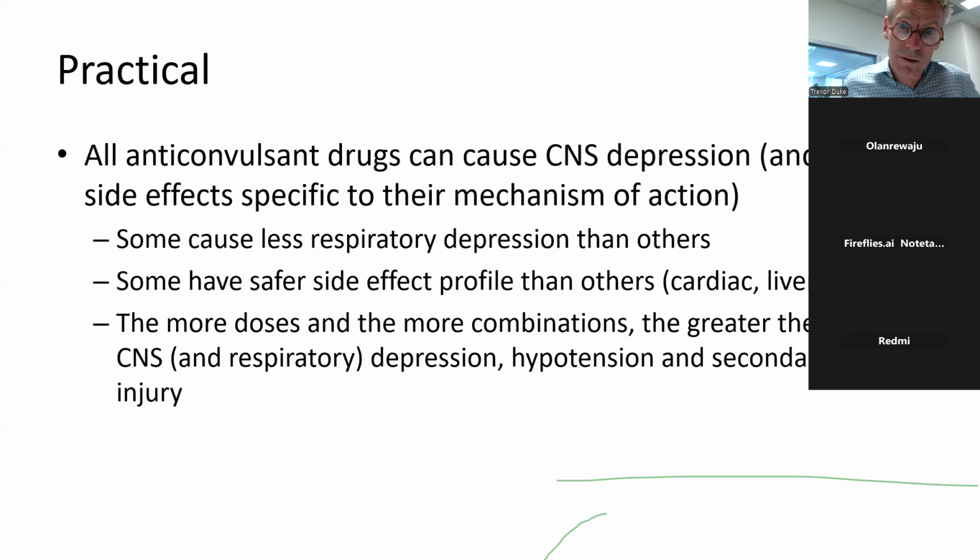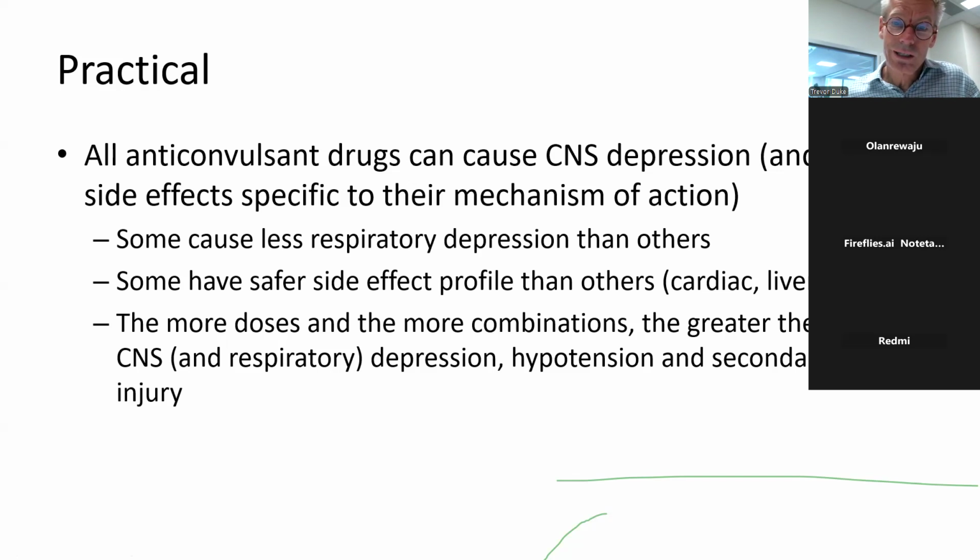Now, I hope from what I've said, you can see that all anticonvulsant drugs, whatever they are, can cause CNS depression. That's actually how they work, isn't it? Seizures are a hyperactivity of the electrical activity of the brain. So the drugs themselves, if they're going to suppress seizures, will also reduce CNS electrical activity.